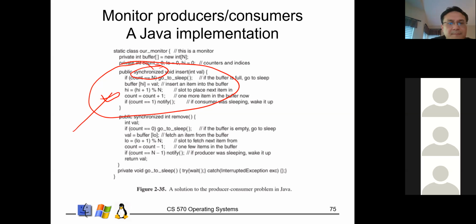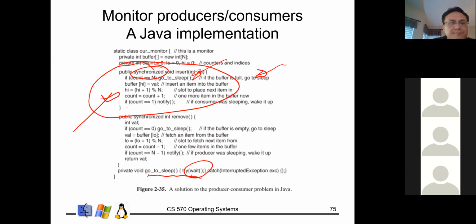And here, basically the same logic. For this insert method, if the buffer is full, it will make this thread or process go to sleep. How do you make it go to sleep? You call wait.